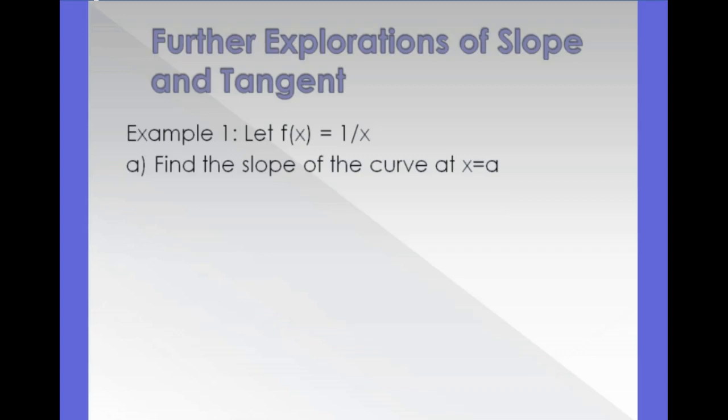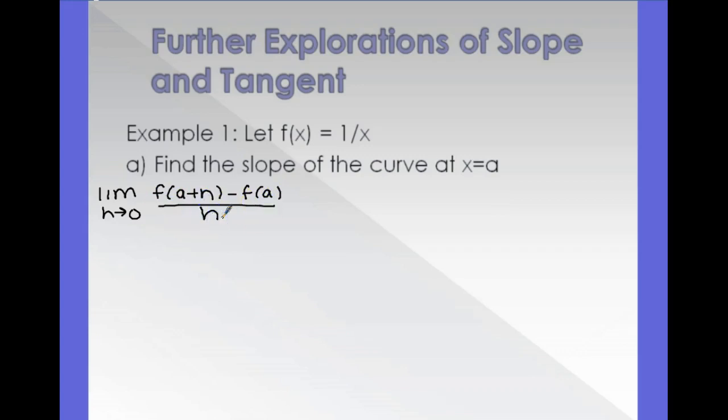So let's do another exploration for slope of the tangent. It says find the slope of the curve at x equals a for f of x equals 1 over x. So again, same idea. We are finding the limit as h approaches 0 of f of a plus h minus f of a all over h.